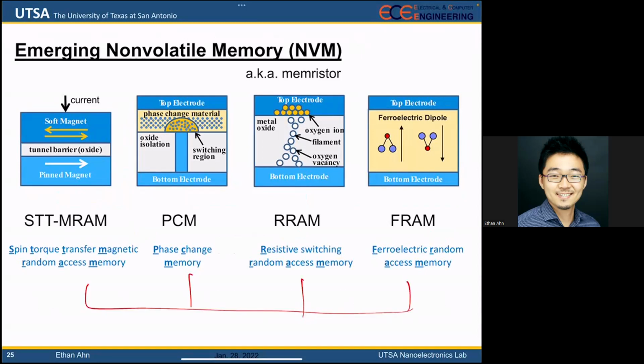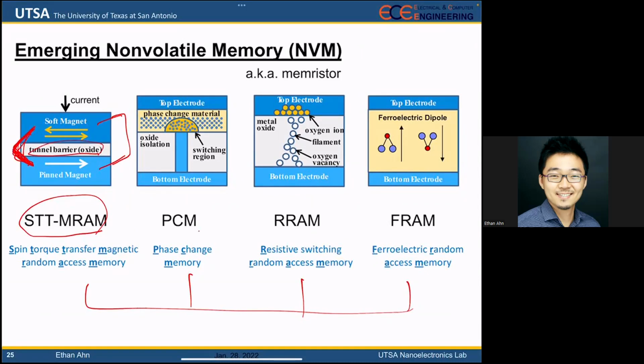For example, we have spintronics technology, STT-MRAM. It has magnetic thin films separated by some oxide, and the information is represented by whether the magnetization direction is parallel or anti-parallel.